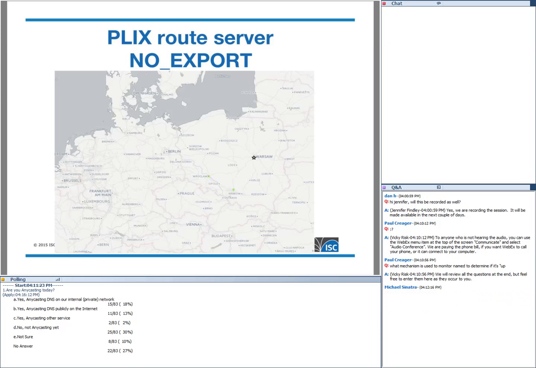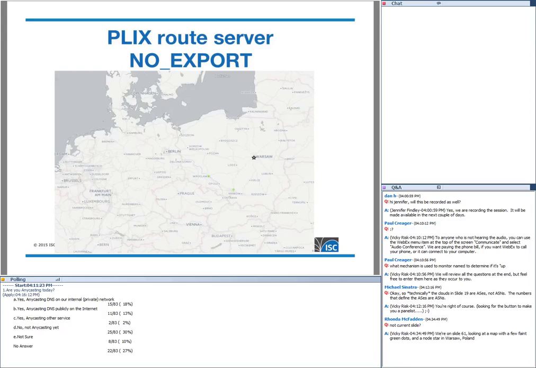So in this particular case, we were announcing our local prefixes out with a no export to the route server. And in this case, the route server itself was acting on the no export. It saw the no export, then it didn't send the local prefixes to any of the participants of the IXP.